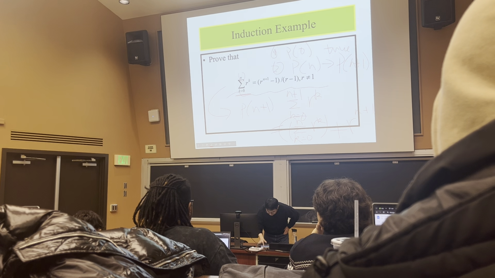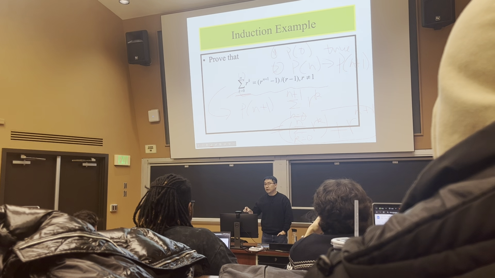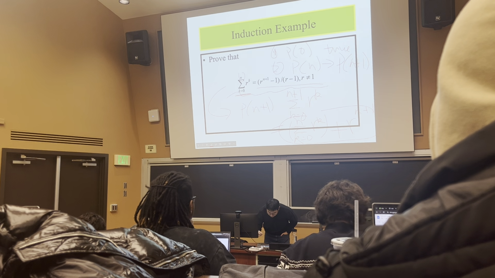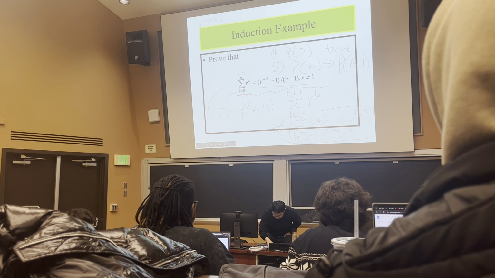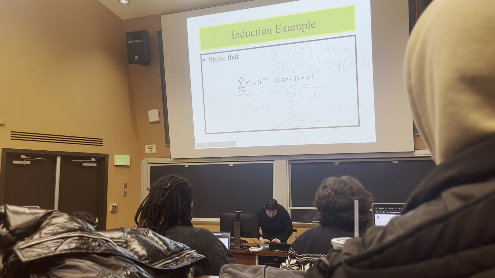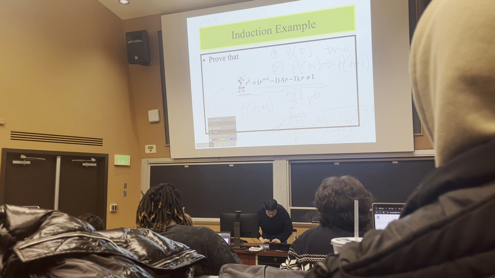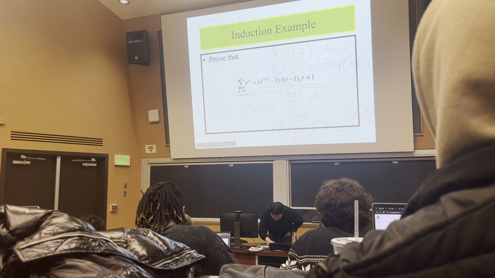So here is the n plus 1 case for the left-hand side. And you want to show that the right-hand side for the n plus 1 case is the same as this value. And for the right-hand side, n plus 1, it will be r to the n plus 2 minus 1 over r minus 1.